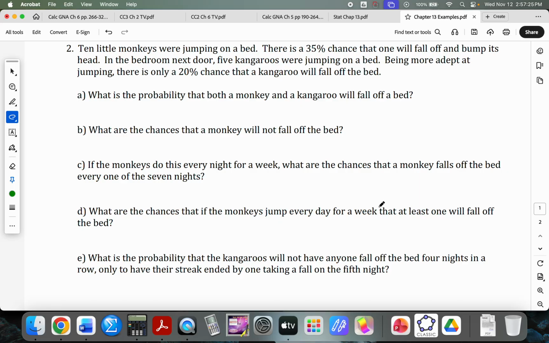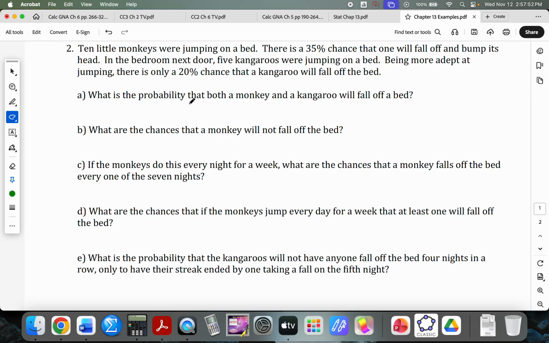Being more adept at jumping, they only have a 20% chance that a kangaroo will fall off the bed. Keep going. No, that's it. At first, it's like, oh, I can do this, and then especially when you get to the adept part, the rhythm comes to a screeching halt.